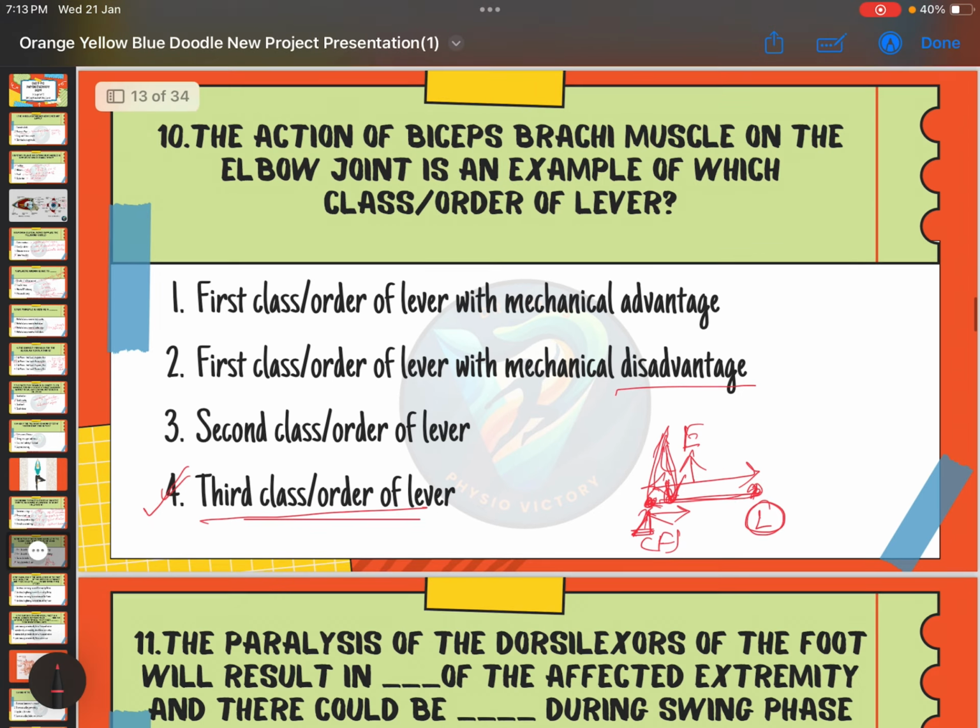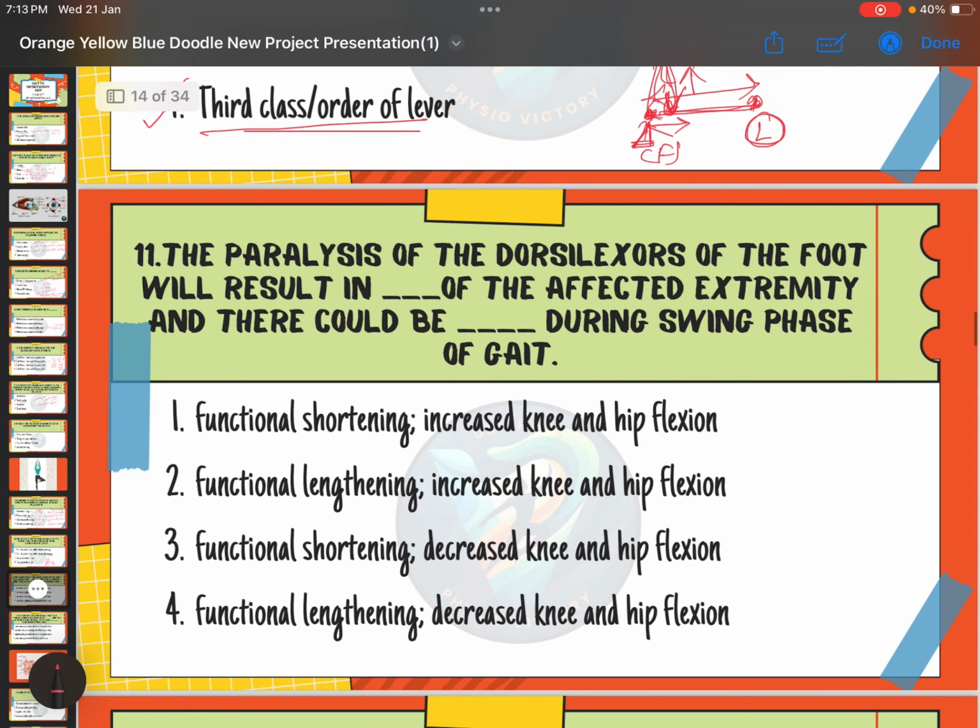Next, come to question number 11. The paralysis of dorsiflexor of the toe will result in dash of the affected extremity, and there could be dash during swing phase of gait. So dorsiflexor of the toe results in functional lengthening.